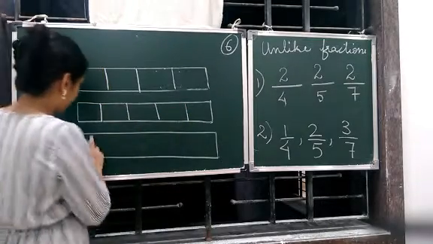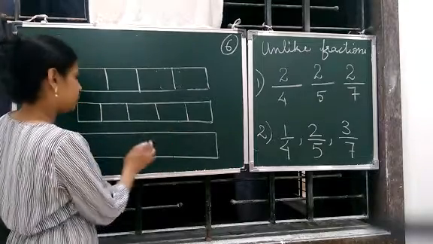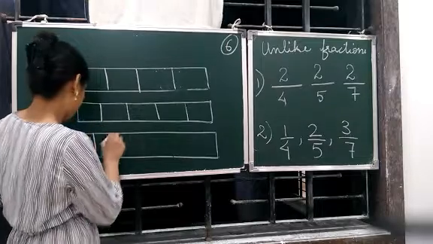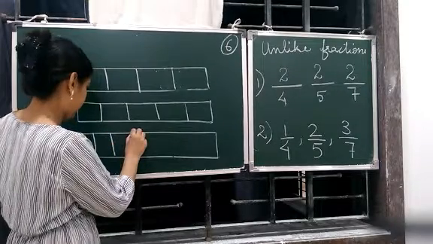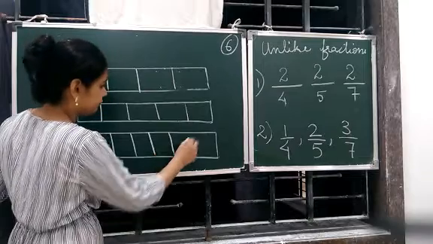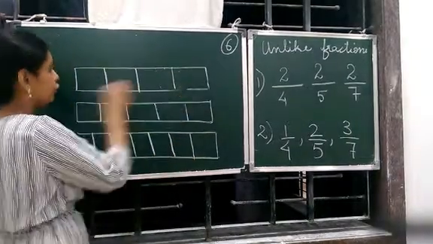Then 7 equal parts. Okay. How many parts have to be shaded? 2 parts.